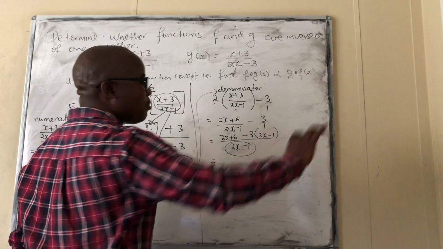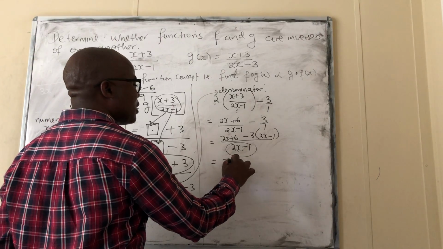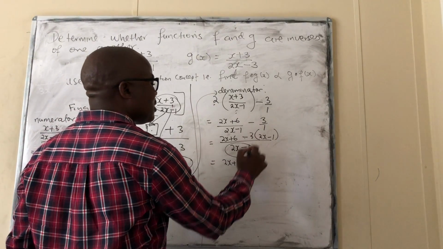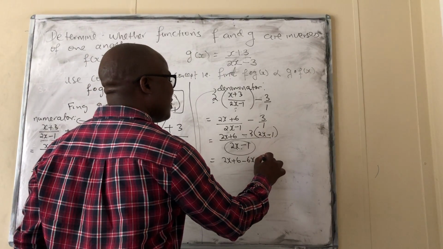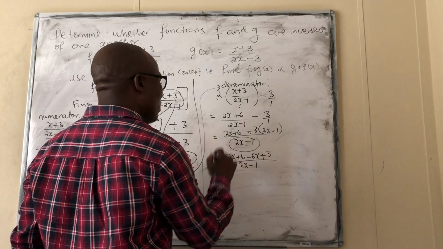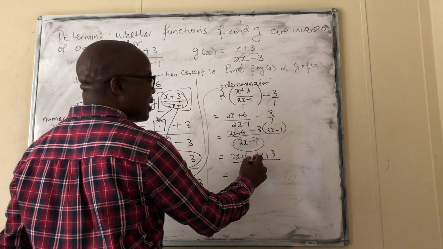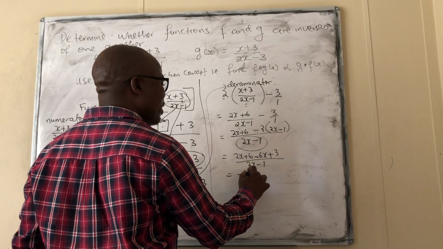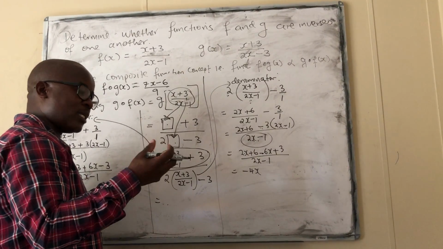So we now remove the brackets and collect like terms. This will be 2x + 6, minus 3 times this is minus 6x, minus 3 times minus 1 is plus 3, all over 2x - 1. Subtract: 2x minus 6x is minus 4x. When you subtract a big number from a small number, the answer is always negative.